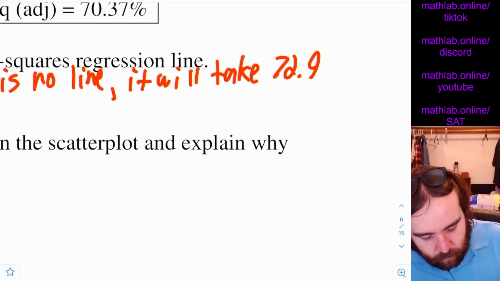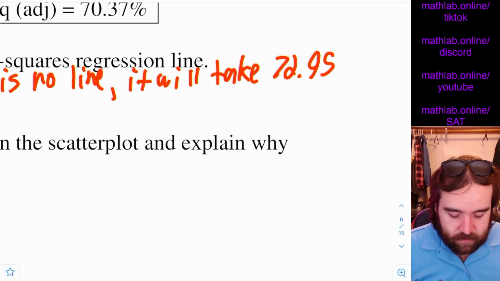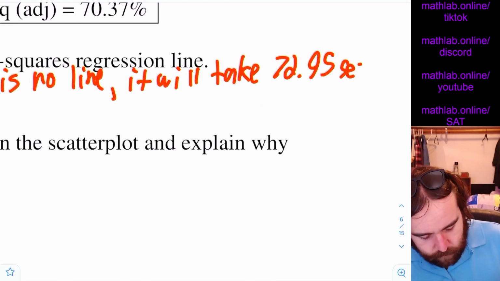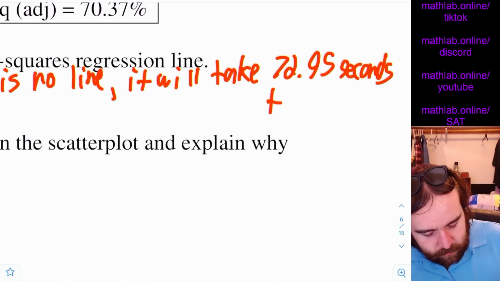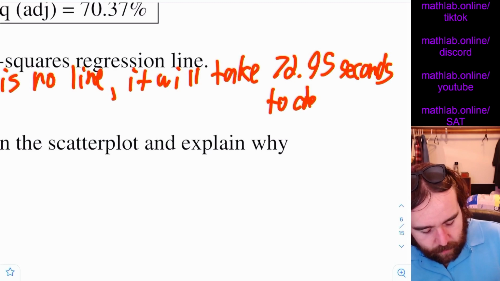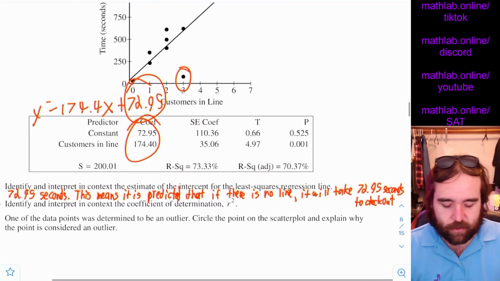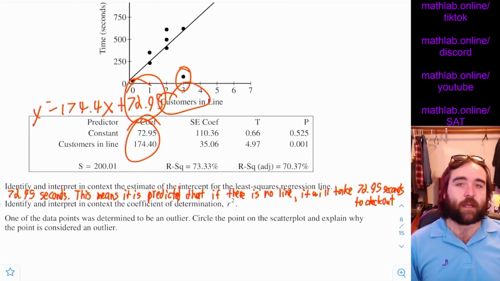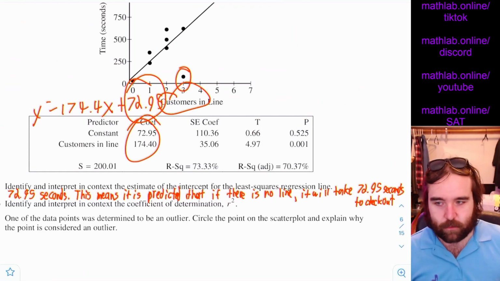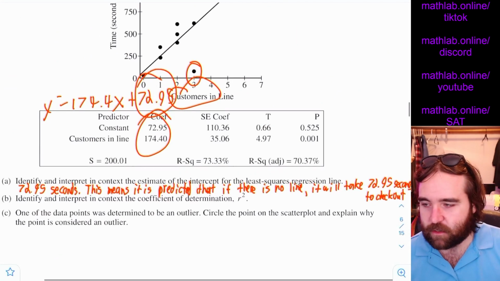That's always the idea of the y-intercept. It's if the x variable is 0. That's the interpreting part to check out. And that's always what a y-intercept is, right? The y-intercept is when x equals 0. In this case, x is customers in line. So we're saying there are 0 customers in line. That's how long it'll take to get through.